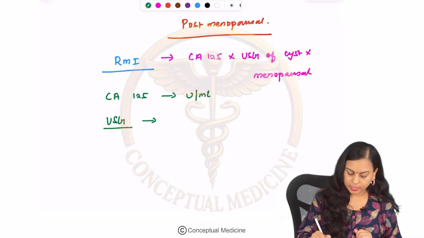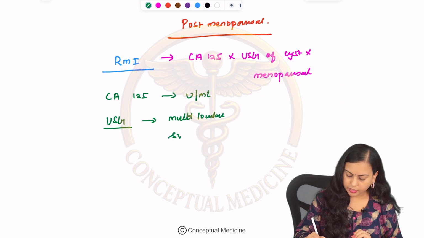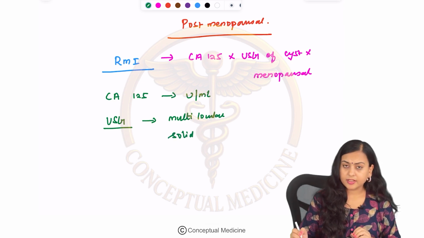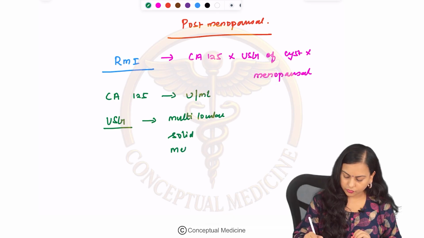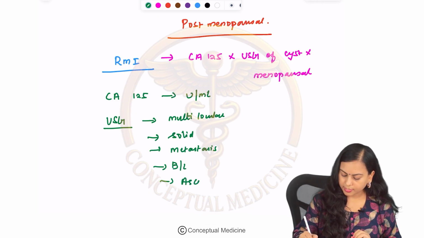Okay, you will be checking features like whether it is a multilocular cyst, or there is presence of solid areas, or presence of metastasis, whether they are bilateral lesions, or there is presence of ascites.